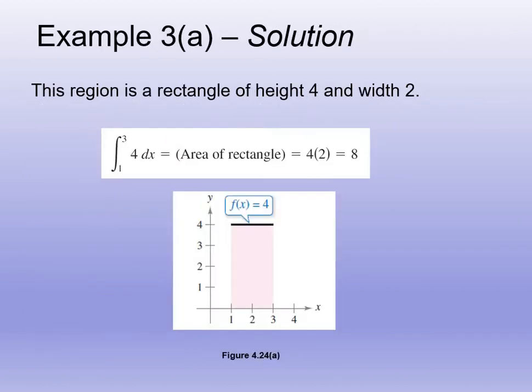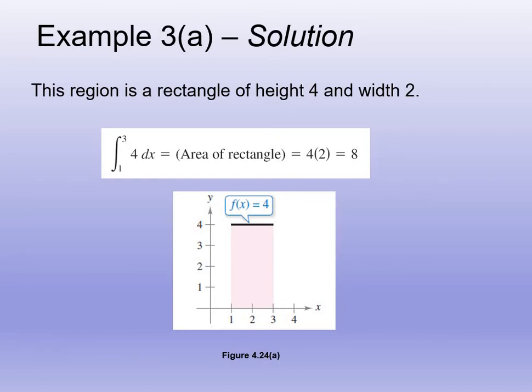Taking the first integral, we integrate from 1 to 3 of 4 dx. If we graph that, the line is just y equals 4, so it's always 4, and our limits are from 1 to 3 on the x-axis.